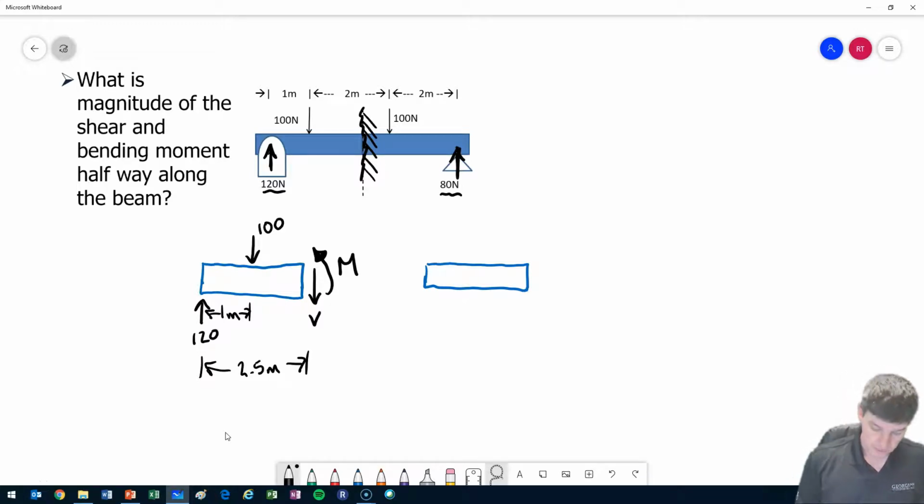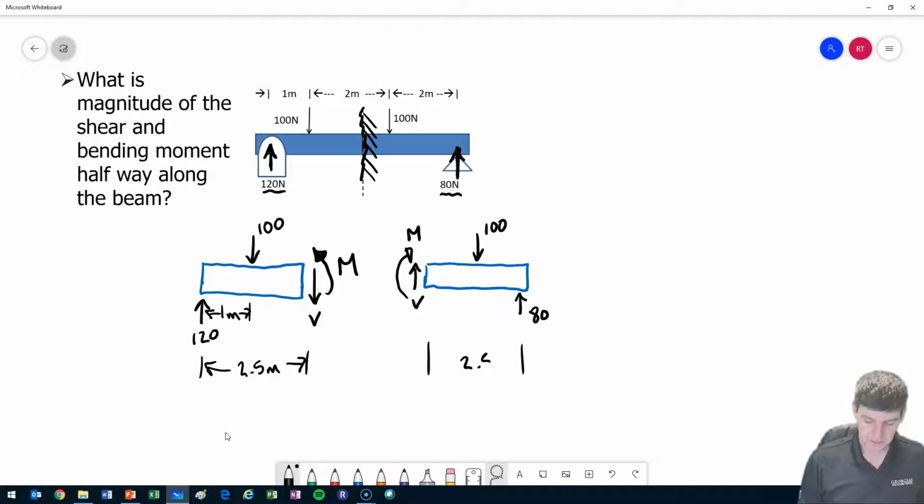I could replace at the joint with a V and an M. Now, since I've already assigned my V going down, I'm going to assign the V going up at this joint. And I'm going to assign my M going clockwise because I assigned the M going counterclockwise at the other side of that joint. 100's going to push down, and I have 80 that's pushing up. Whole thing is 2.5 meters as well.